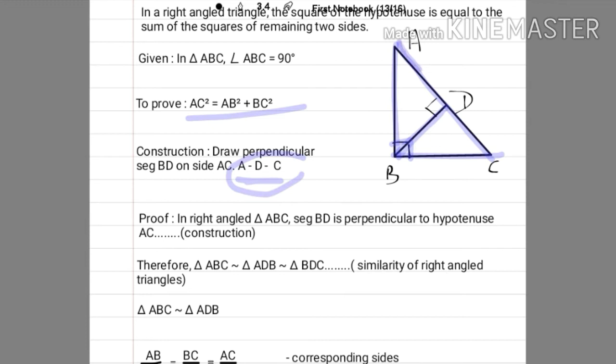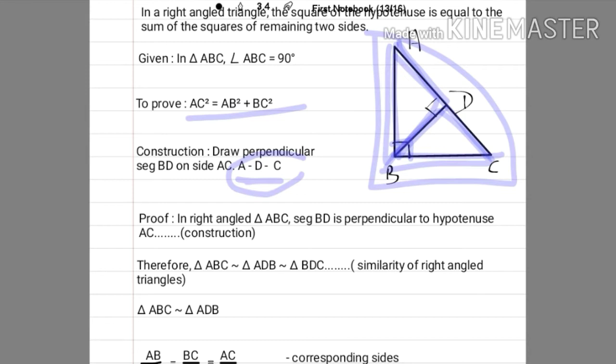That is ABD or ADB. Then the next is BDC. And the bigger one, that is ABC. So we get three triangles, and if you remember, we have already learned this theorem, that is similarity of right angle triangles, in which we proved all the three triangles to be similar. If you have not watched that video in which I have explained this, that means the previous video, you can just watch it. I have provided the link in the description box.